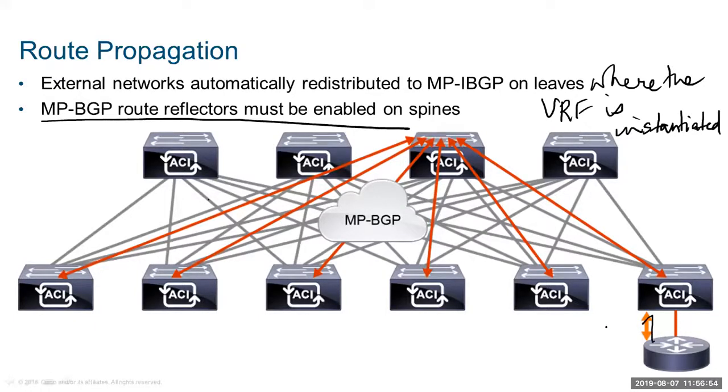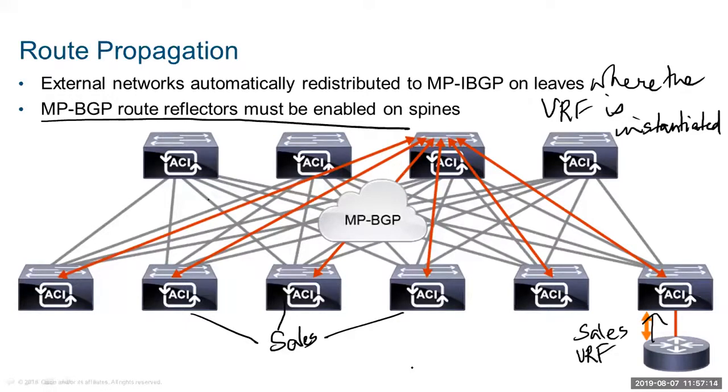Suppose this is feeding into sales VRF. That's the VRF where the routing updates are being received. Oh, sales exists here. Sales exists here. Sales exists here. That's where the VRF got created.